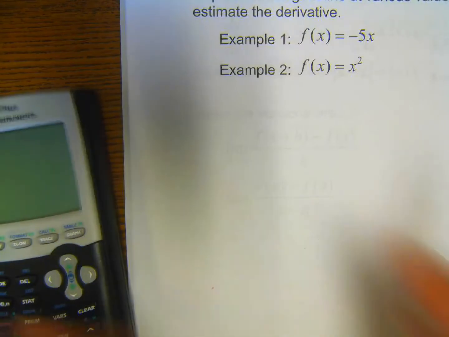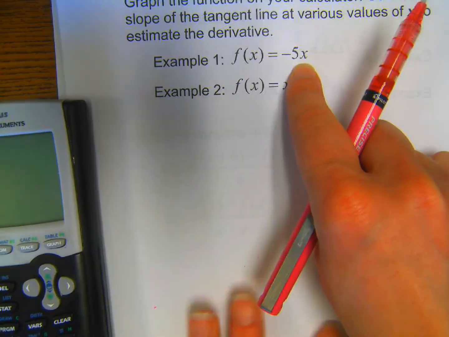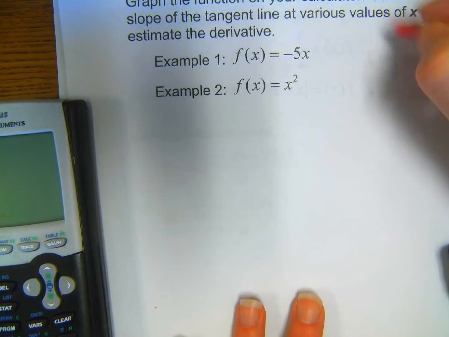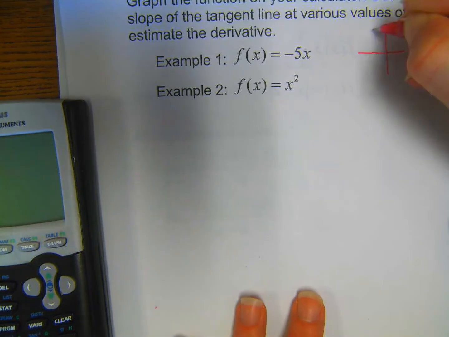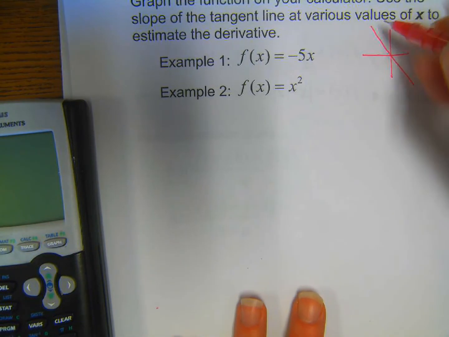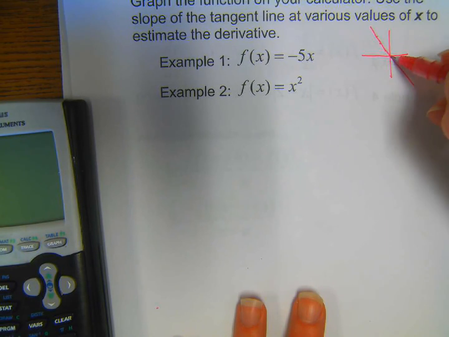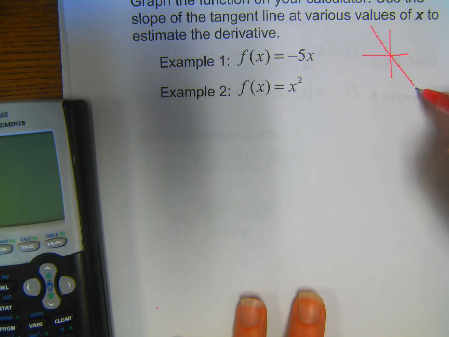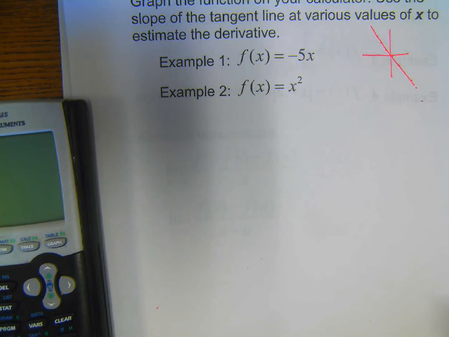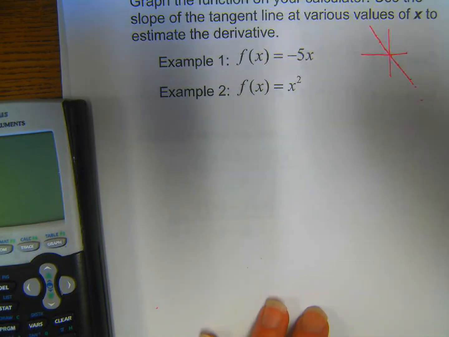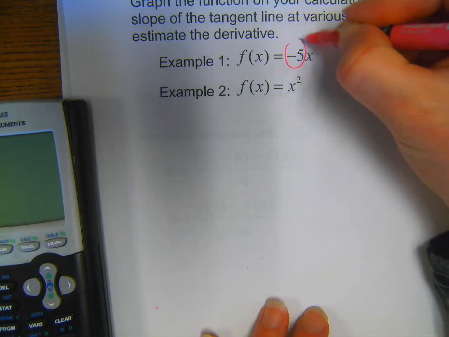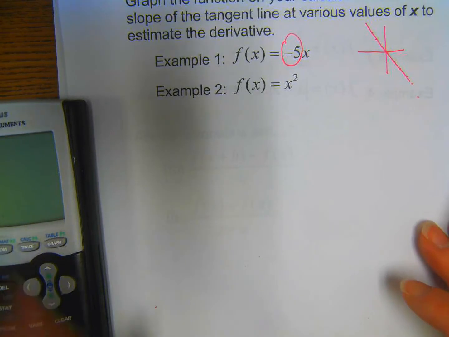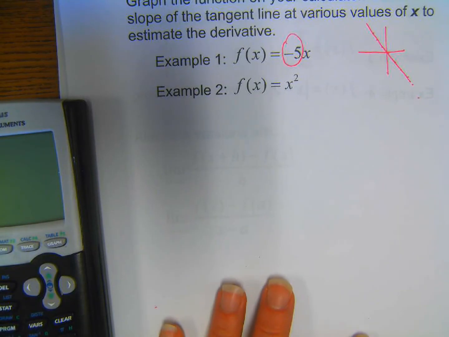First of all, the first example is a line, negative 5x. Just bear with me here. As I go along here, because it is a line, the points are going to have tangent lines that all have a slope of negative 5.